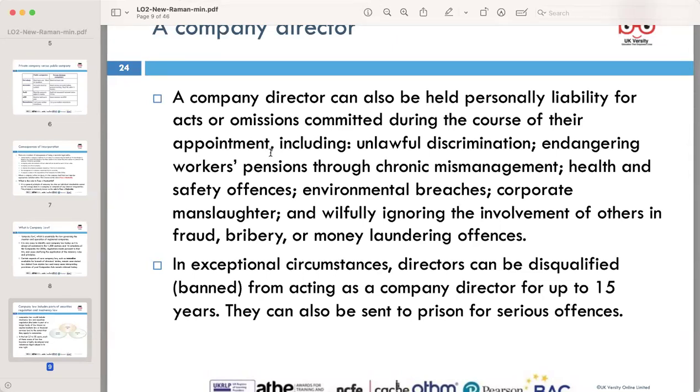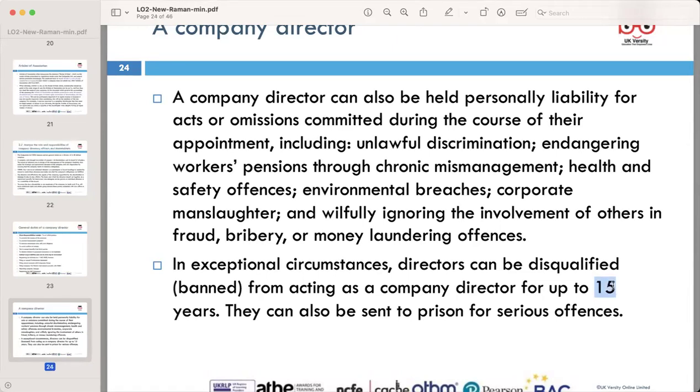In exceptional cases, directors may face disqualification for up to 15 years, and potential imprisonment for serious offenses.